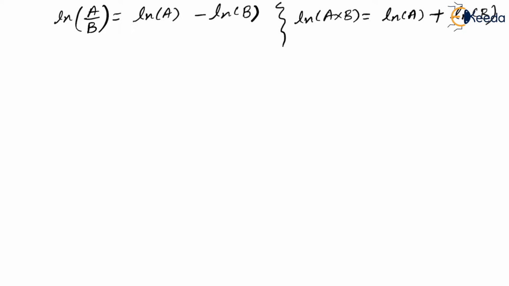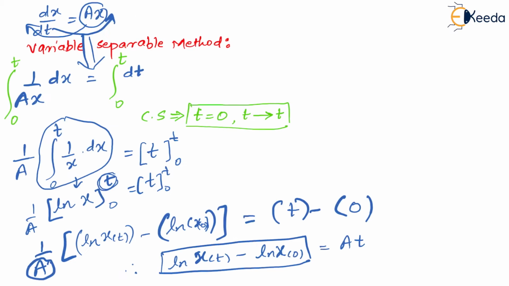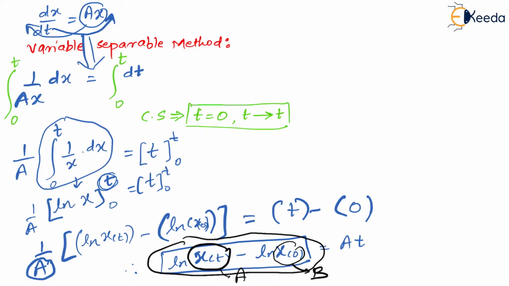That is what we know. Now we have this kind of a thing over here. If you just compare, you find that this x of t is nothing but a, and this x of 0 is nothing but b. Is that right? Yes. So it is again similar to ln of a minus ln of b.